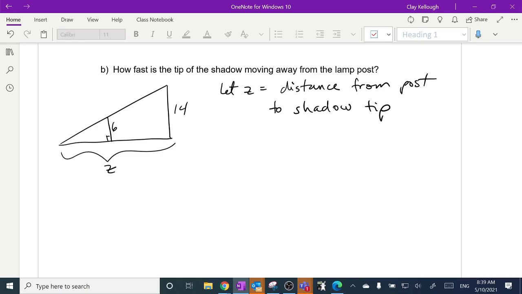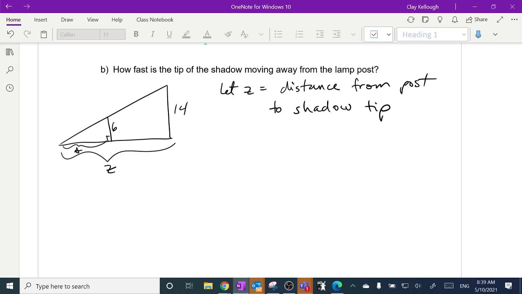Right? If you're wondering, why don't you just stick with the same variable as you had? Because I don't need a variable for how big the distance is between the guy and the post. So why use variables you don't need? Oh, actually, I guess I still do need the shadow, because I do have to compare the triangles. So it's the x I don't need.